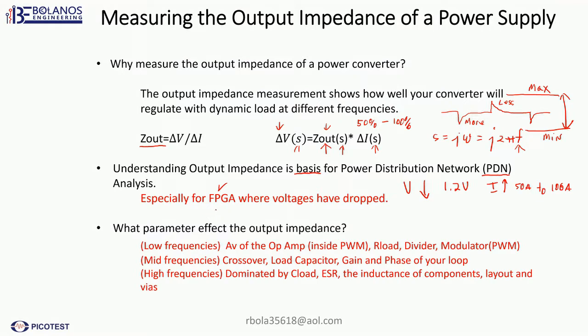So between the FPGA and the output of your converter, you're going to have a distribution network, a PDN. So you're going to have the layout, the wires. You're going to have vias, probably multiple vias, and then you're going to have some coupling capacitors or bypass capacitors.